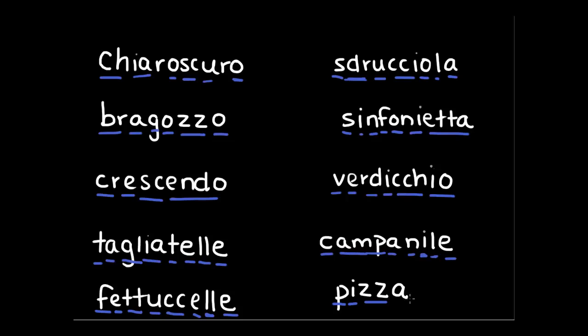Then we have a schwa at the end, and if you recall, the schwa at the ends of Italian words are usually going to be spelled with an A, which is the case in many, many languages. Remember, except for German. German schwas at the ends are usually spelled with an E, and that's what sets German apart, but almost every other language, schwas at the ends are going to be A. Same goes for Italian. That's why we have P-I-Z-Z-A for pizza.